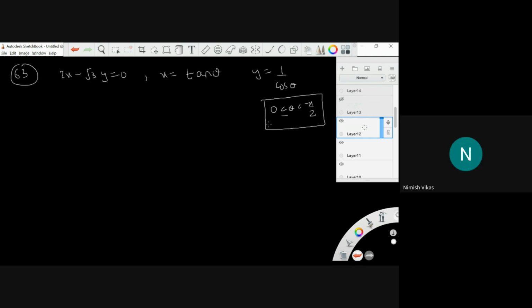Then the area bounded by the curve C, the line L and the y-axis.